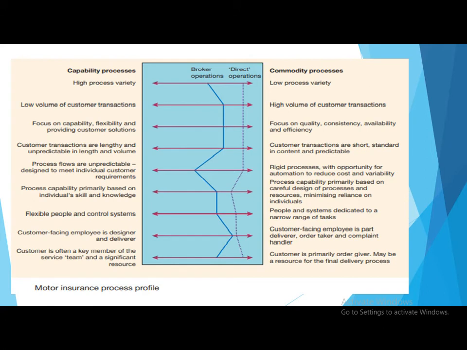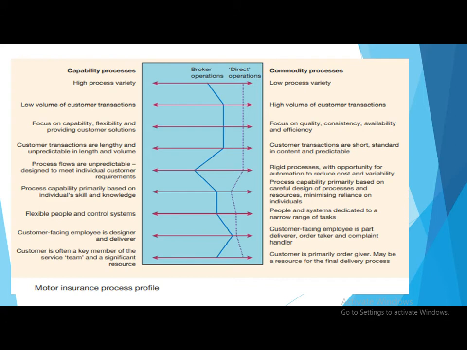This frequently arises because the service task has changed, whereas the service processes have not evolved to meet the new requirements adequately. For the insurance company shown in this figure, a shift from broker operations to direct operations may well mean that the processes are more flexible than necessary and some staff may be overqualified for their new duties.